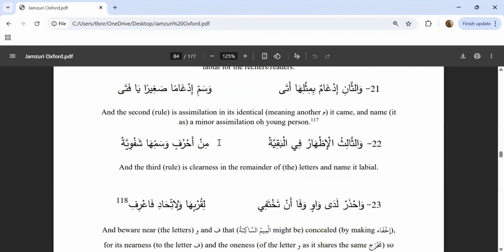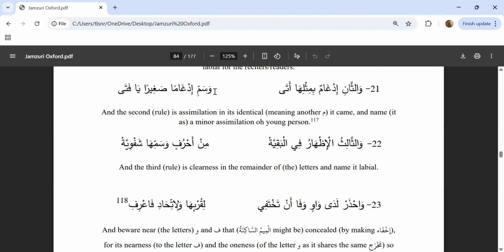And with line 21, he gives us the second rule. So he says, وَالثَّانِي إِدْغَامٌ بِمِثْلِهَا أَتَى وَسَمِّ إِدْغَامًا صَغِيرًا يَا فَتَى. And the second hukm is assimilation. بِمِثْلِهَا أَتَى. So here بِمِثْلِ means by its identical, so again it means another meem that came.